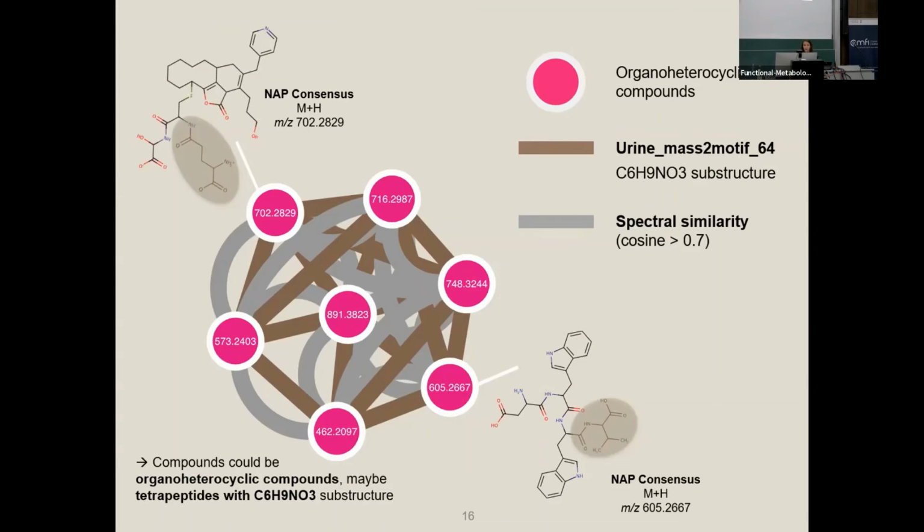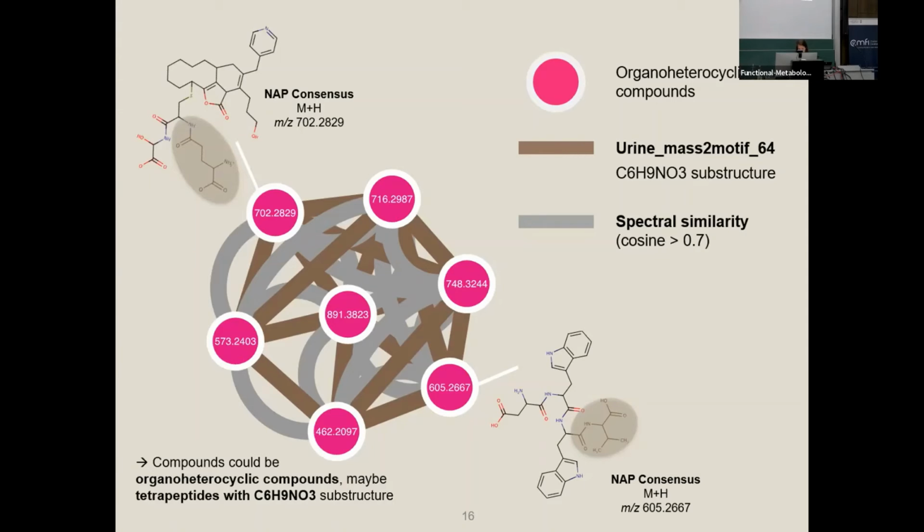So here you could maybe conclude that those compounds could be organoheterocyclic compounds, and maybe they are tetrapeptides which contain the C6H9NO3 substructures, which would be something really typical or common in a tetrapeptide.